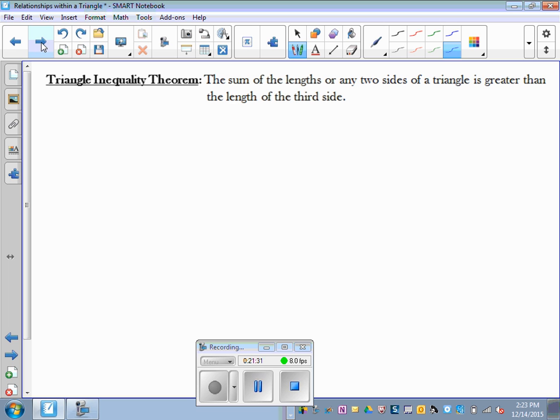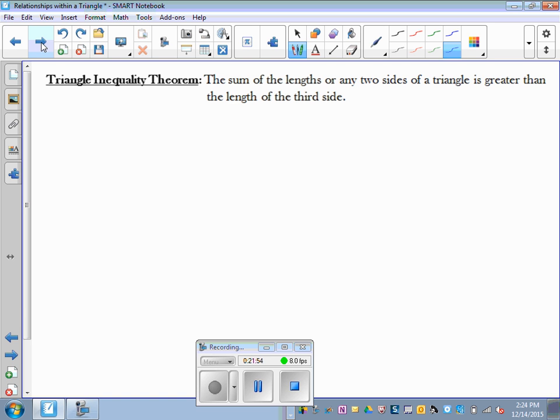Do you guys remember this from previous classes? What about the Pythagorean theorem? That's only right triangles, you're right. The sum of the squares equal to the square of the third side, that is right. That's the back side.